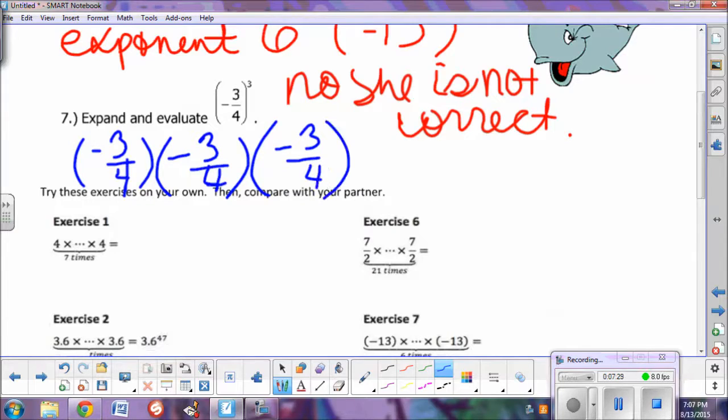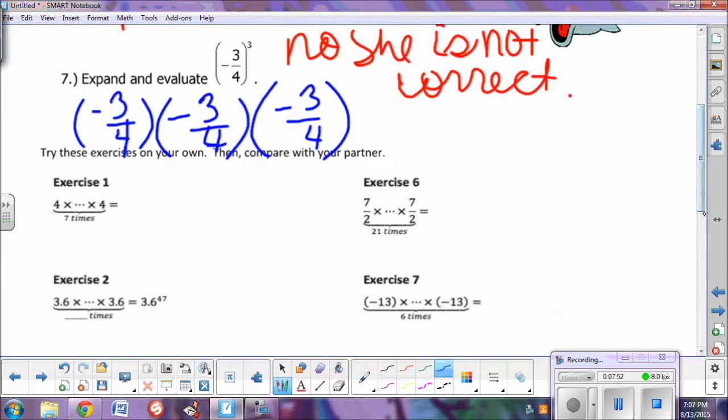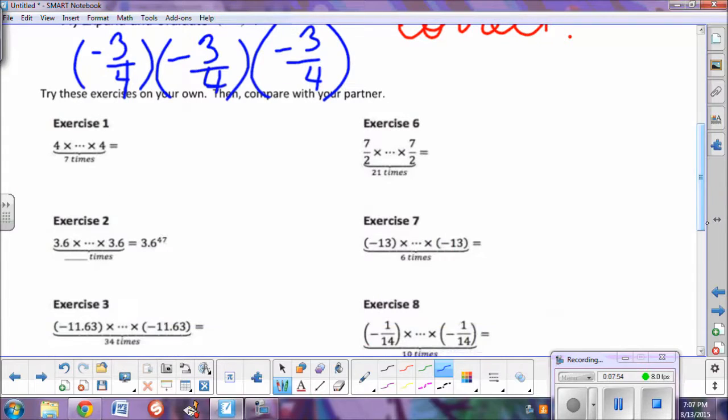So expanded form is showing all that multiplication, and then our exponential form is showing it as base raised to the exponent. So we have a bunch of exercises here following this. If you think that you understand this, by all means, you can go ahead and skip over to exercise 11. I'm going to go through just a few of these on this page to take a look.